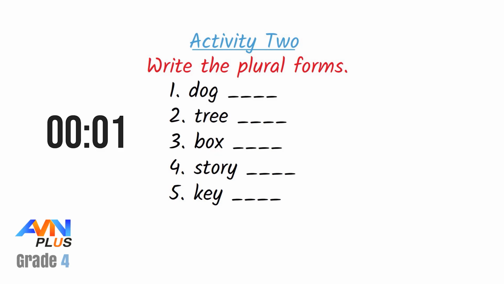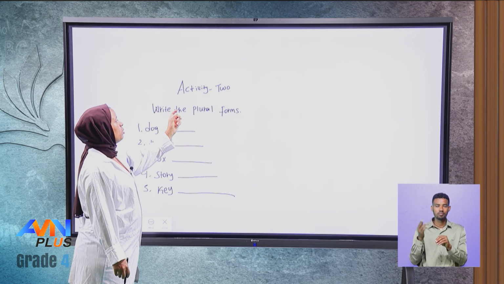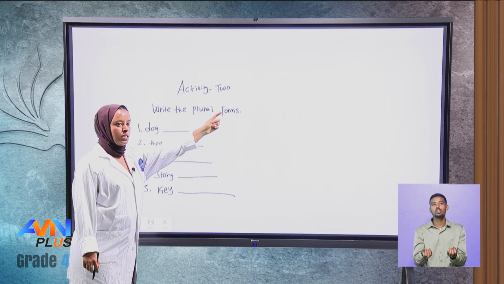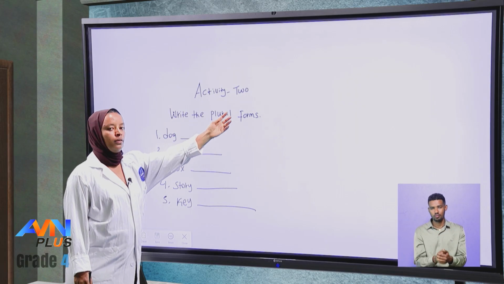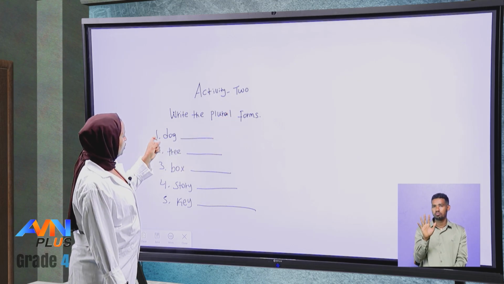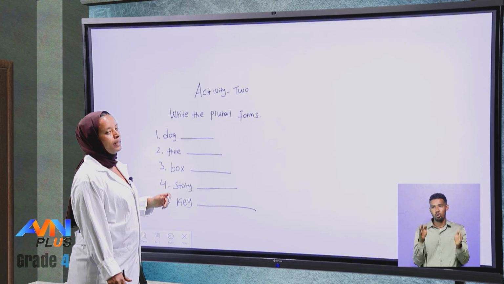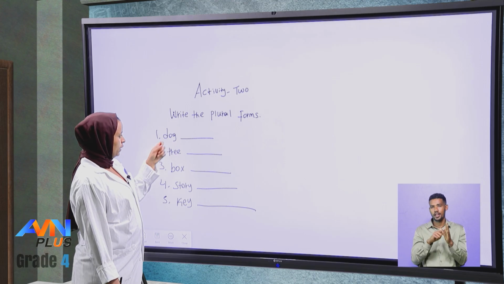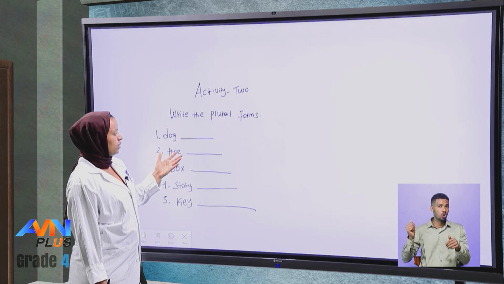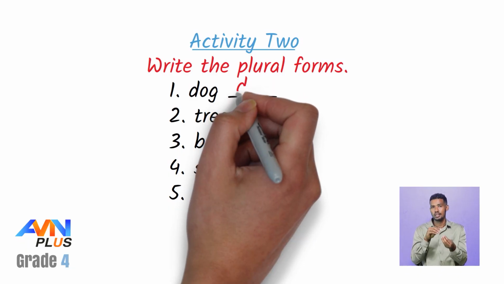Students, here is the instruction. Write the plural forms. Here are the questions: dog, tree, box, story, and key. The first one, dog. Look here, it ends with a consonant letter. We easily add s at the end of the noun.